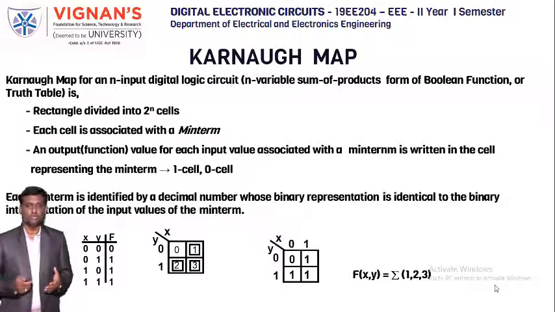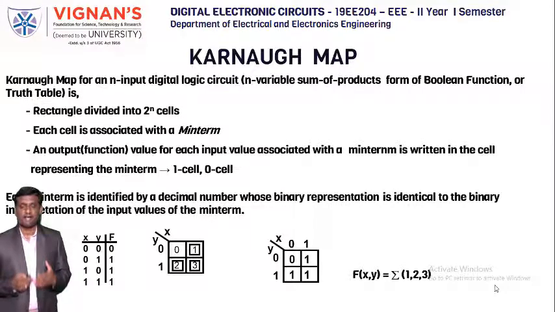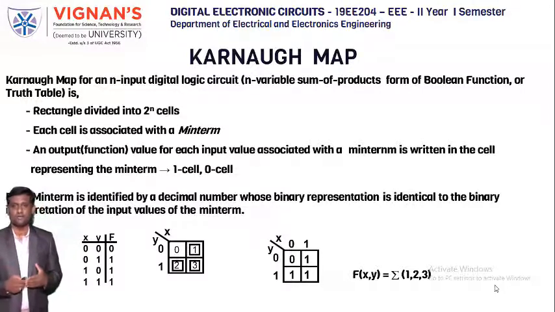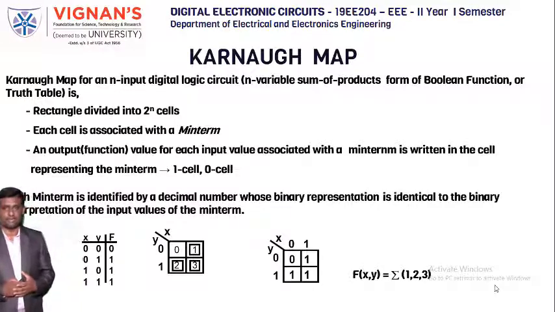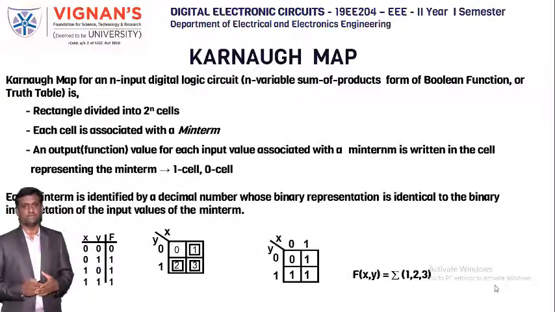So I already told you, here I am considering minterms. That's why for the functional representation of the minterms, usually we use sigma as a symbol, and the corresponding decimal values which have truth table outputs of 1 are 1, 2 and 3. So those are presented here as a function value.